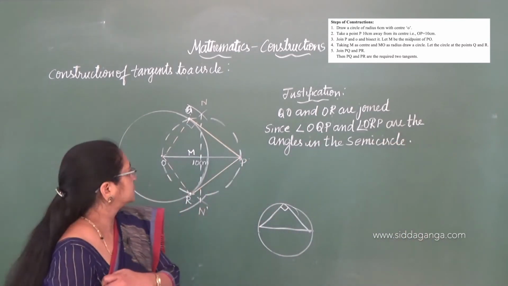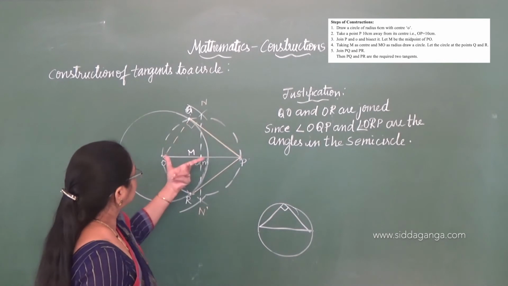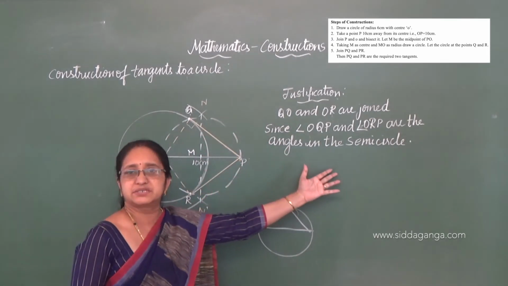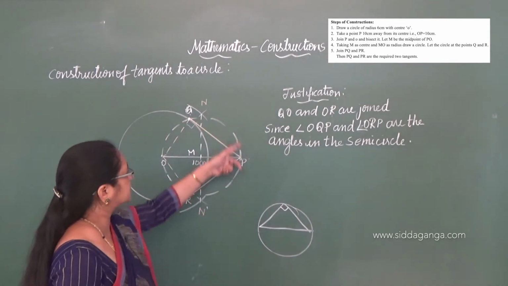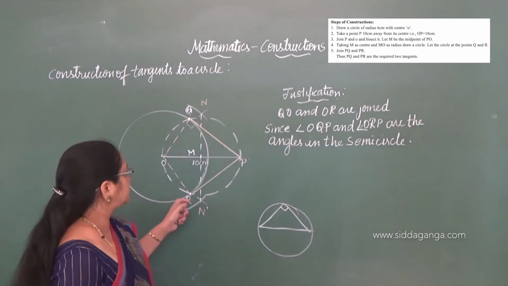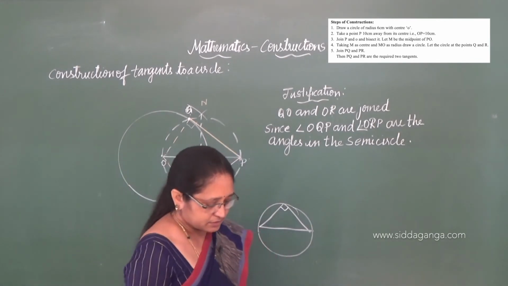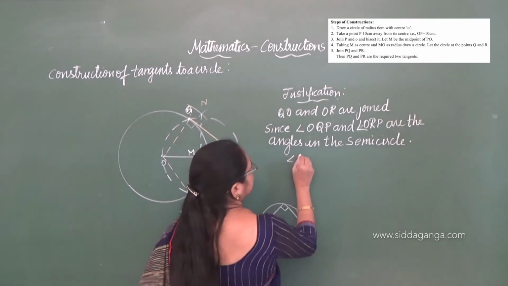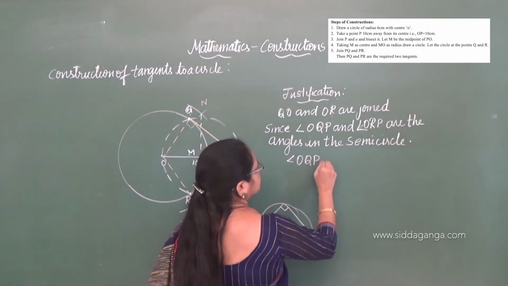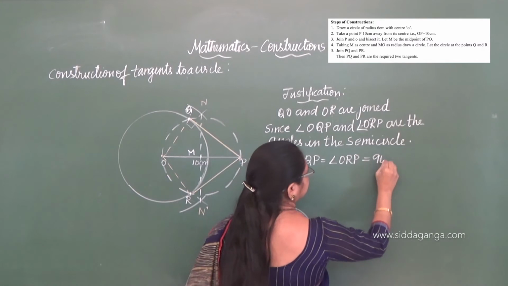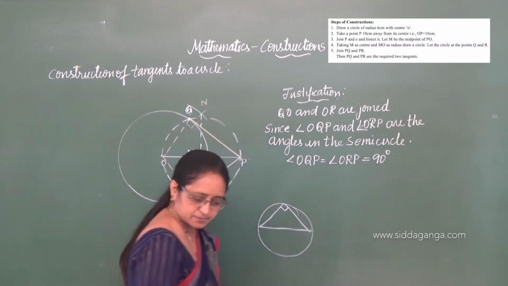I hope you understood. So, this is the semicircle here. OP is the diameter. You can mention that also. OP is the diameter of the circle, this drawn circle which I have drawn in the dotted line. Next, therefore, angle OQP is equal to angle ORP is equal to 90 degree.